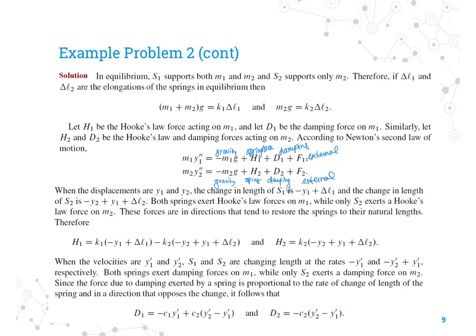So when the displacements are y1 and y2, the change in the length of S1 will be negative y1 plus delta L1, and the change in the length of S2 is negative y2 plus y1 plus delta L2.